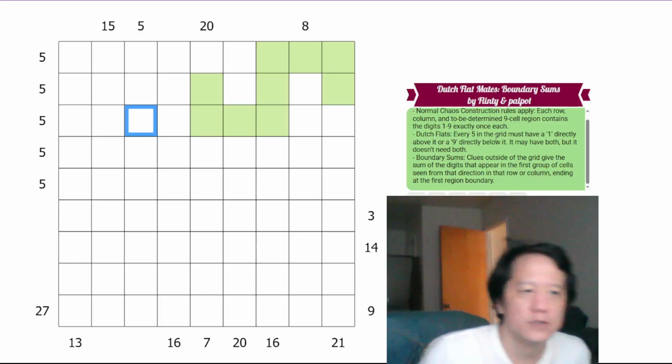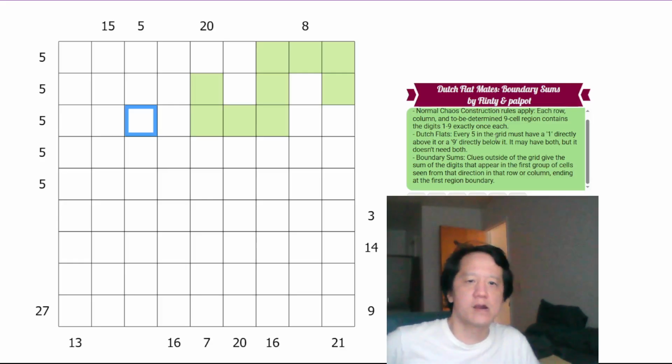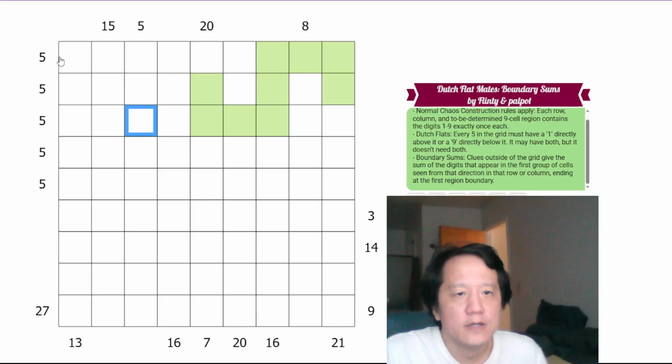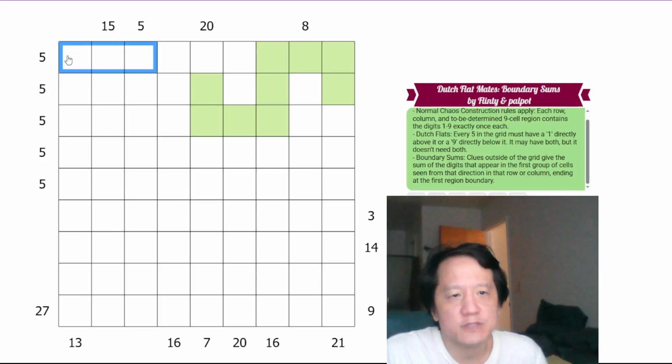So that would mean the first however many digits must add up to 5, where you have a region boundary coming at the end of that sum of digits.